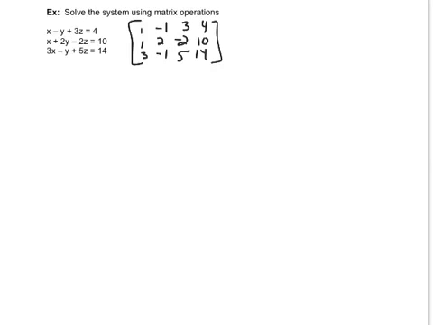There's my augmented matrix. So to solve this, the first thing I need to get rid of is the 1 in the second row, first column. To do that, I'm going to multiply the first row by -1, add them together, and then put my answer back in row 2.